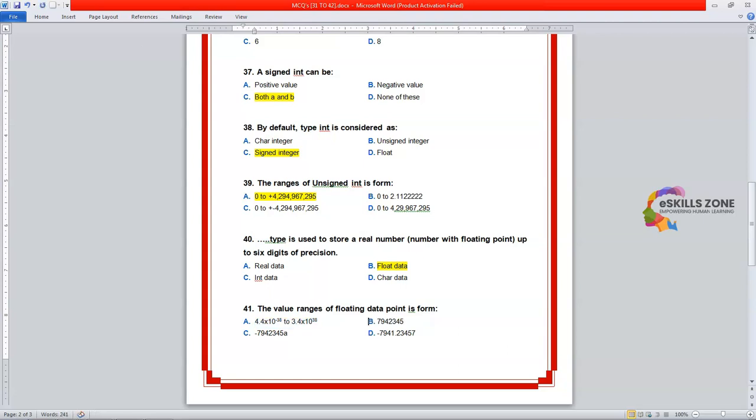Option B, 3.4 into 10 raised to the power minus 37 to 3.4 into 10 raised to the power 37.